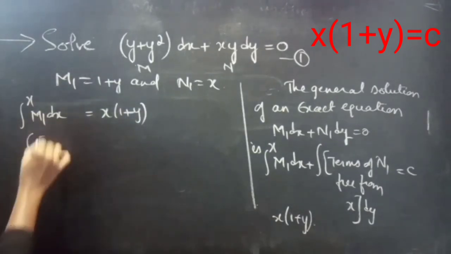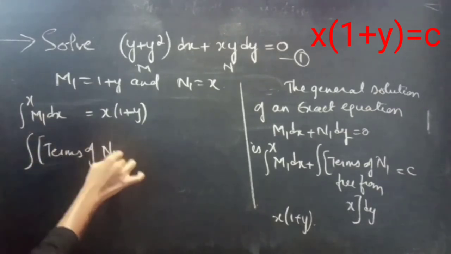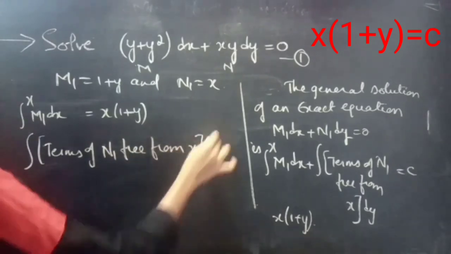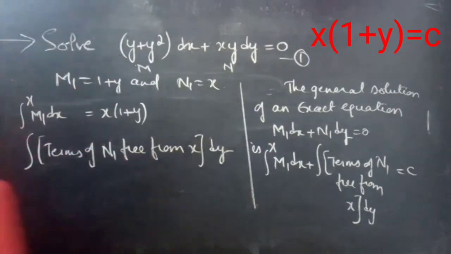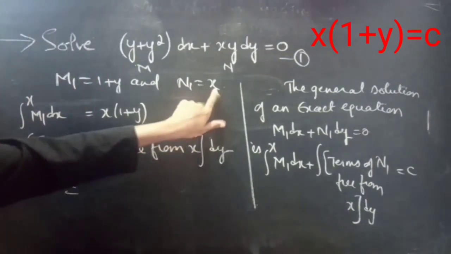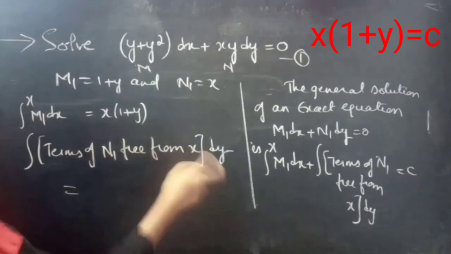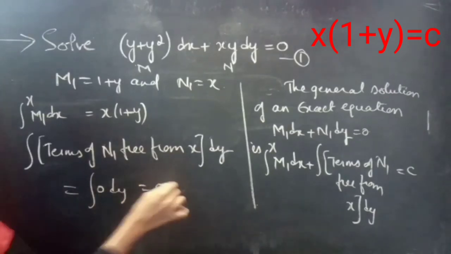Now consider the second integral, the integral of the terms of N1 free from x into dy. So here you have N1 equals x. So the terms of N1 free from x is 0. Integral 0 dy is 0.